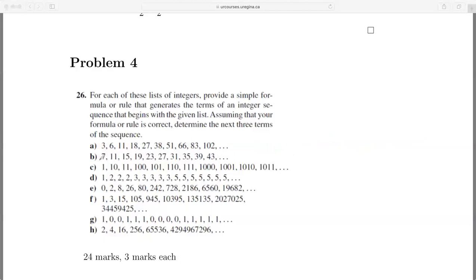So let's move to B. Here, note that each term is increased by 4. So here 7 plus 4 is 11, 11 plus 4 is 15. So each term is the previous term increased by 4.